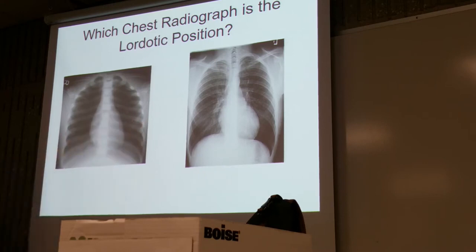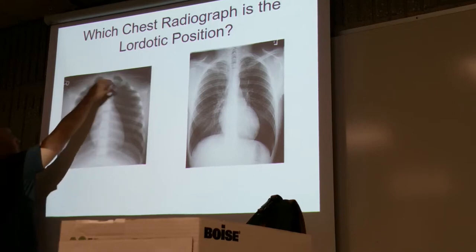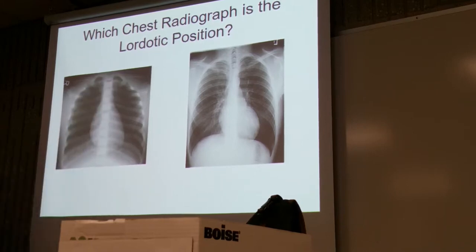in this particular image. So the whole purpose of this lordotic position, axial projection of the chest, is we want to throw the clavicles up out of the way to assess the upper portions of the lungs. This particular projection is good for identifying tuberculosis, where they like to hang out here at the apices of the lungs.